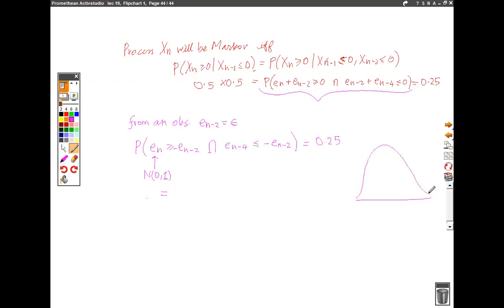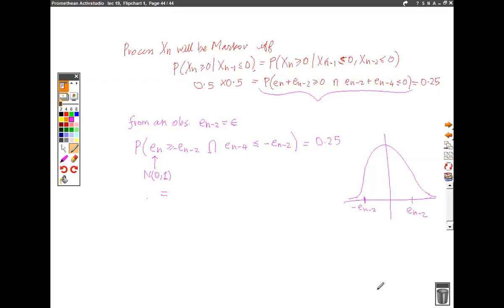So I think what always helps me with this kind of situation is to draw this normal graph and see what part we are looking at, okay? So I'm looking at the chance that En is greater than minus En minus 2. So because I have a minus En minus 2, I know it's going to lie somewhere here. So I can write that my minus En minus 2 lies here. And let me say my En minus 2 lies there.